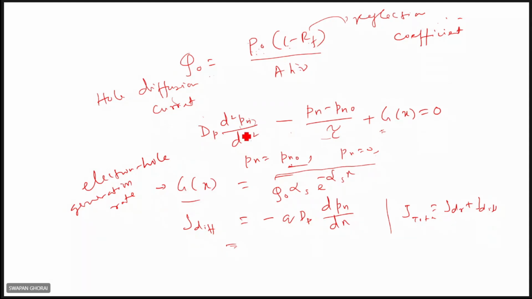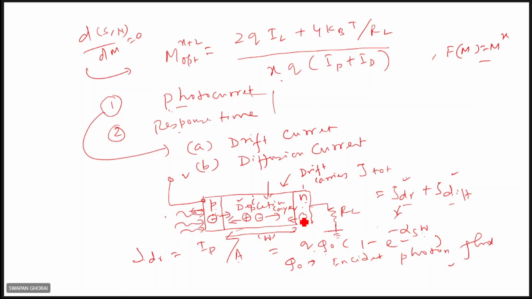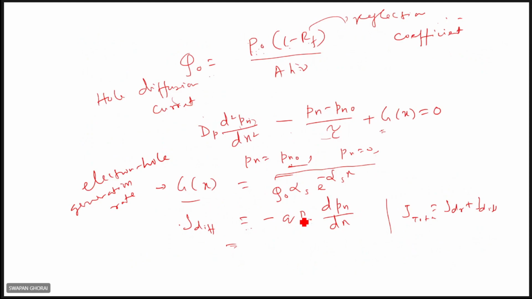And once you know the value of Pn, you can find out the diffusion current. As per definition, it is minus q dPn upon dx. So if you know Pn from these equations, from there you can find the diffusion current. Once you get this, you can have the total current, drift current plus diffusion current. So I'm just writing the final expressions.